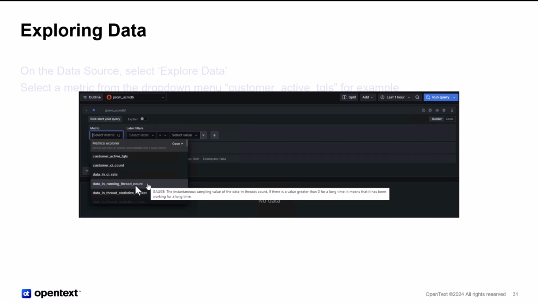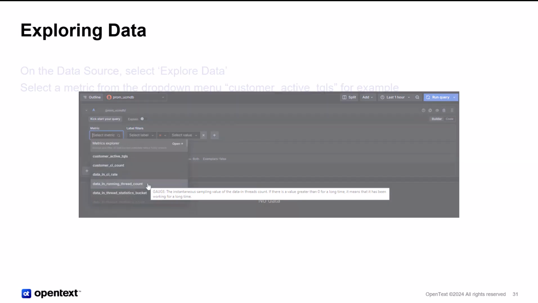One of the nice things about the way that UCMDB does the collection of the data and it's imported into Prometheus is that you will get a type when you mouse over it, as well as a description of this particular metric that you are looking at.